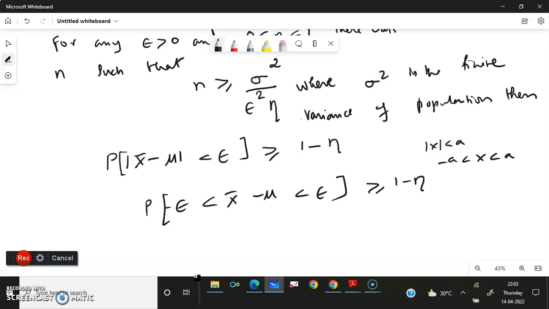Using this concept only we are doing this. So this probability should be greater than or equal to 1 minus eta. Eta is very close to 0, so the ultimate answer should be very close to 1. That is, the probability of the event is very close to 1. It's a sure event.